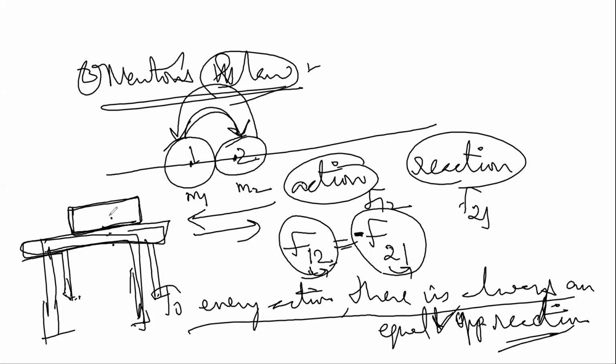The book is exerting a force on the table. Similarly, the table is exerting a force on the book in the upward direction, while the book is exerting a force in the downward direction. These are in equal and opposite directions. That is the reason the force acting on the table and the force acting on the book are both the same and equal, so the book stays there. This is an example of equal action and reaction.